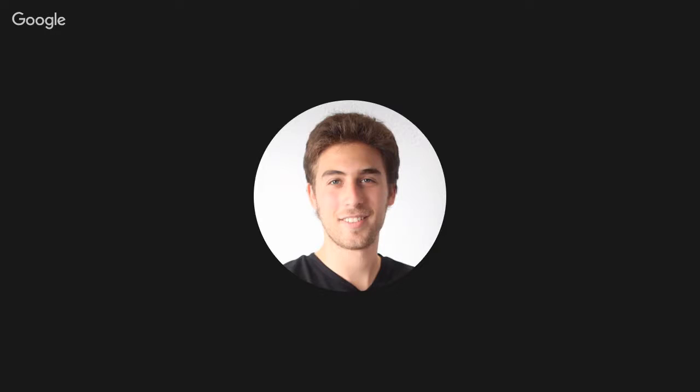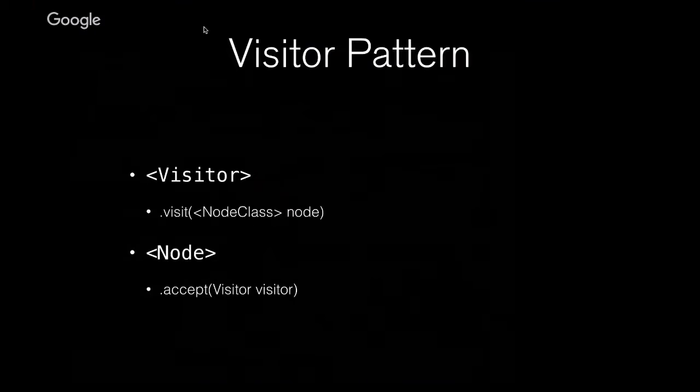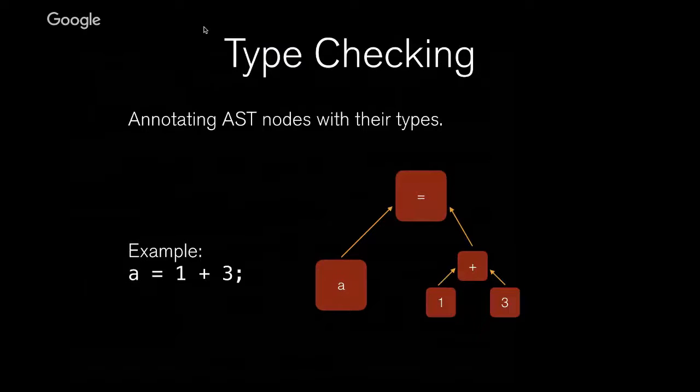Yeah, again, perfect. Great. So we go from the visitor pattern to type checking. So what is type checking in this context? To do type checking, you go through the tree and you assign types from the bottom upward. So we find here a literal for 1, for example, and we assign it a type of uint. And we assign a type of uint to the other operand.